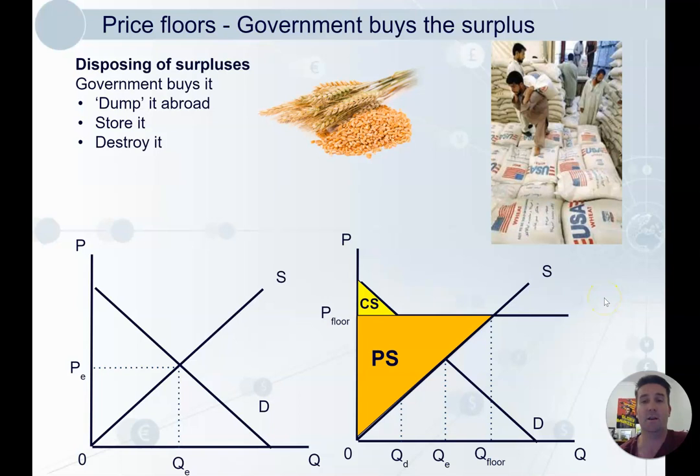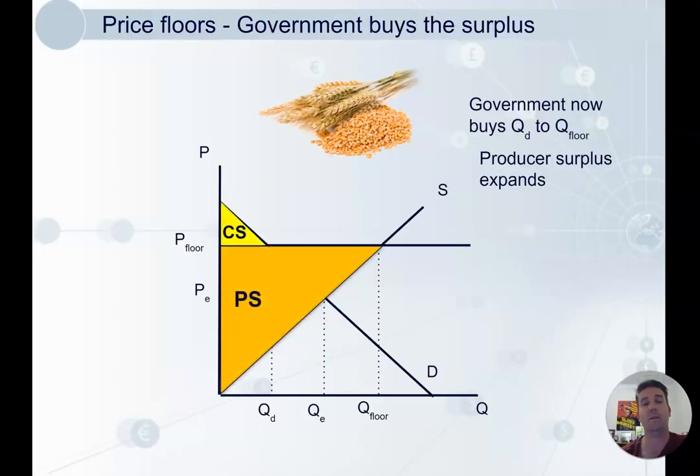Now, what does this mean? We'll go to the next slide. So we've got this, right? The government now buys QD to Q floor, right? The market is only buying QD, so all of this is going to be bought by the government.